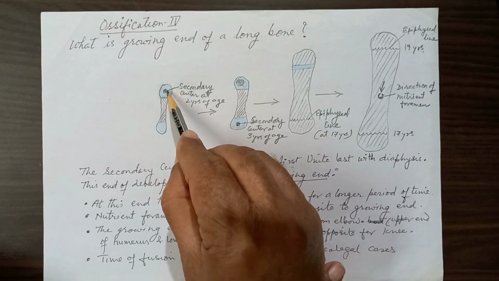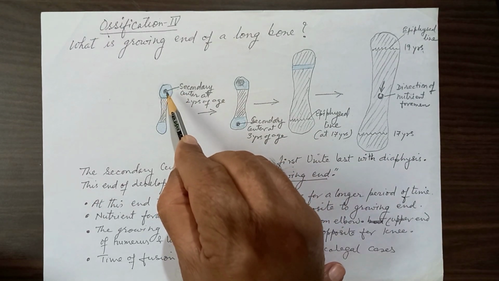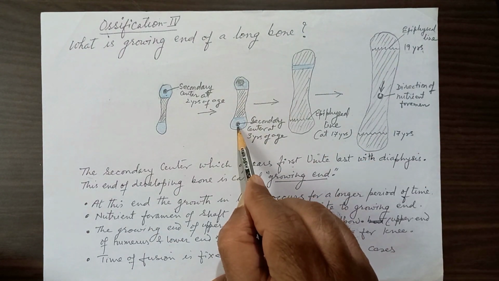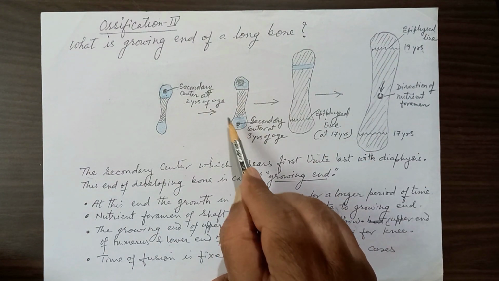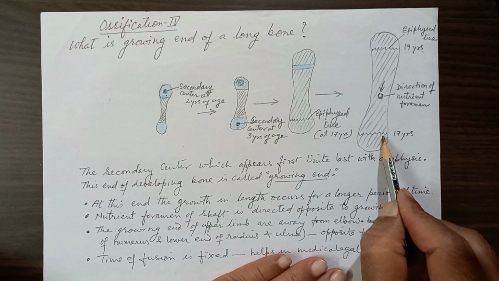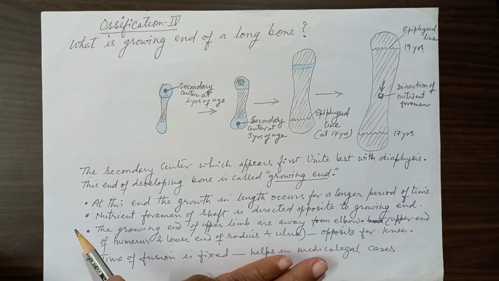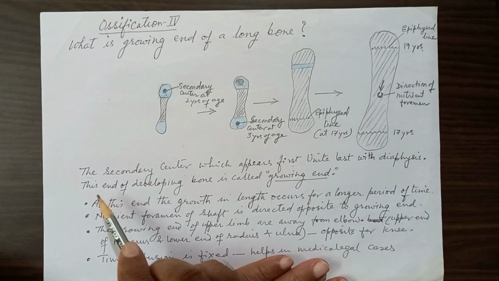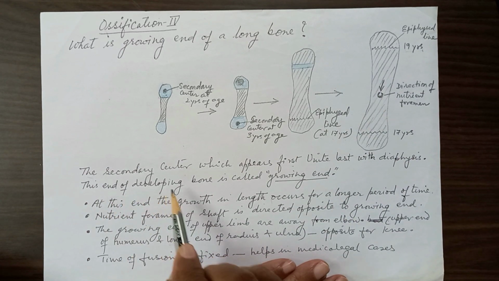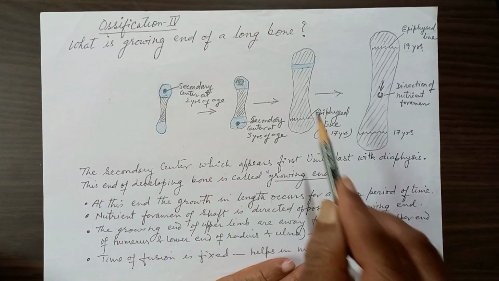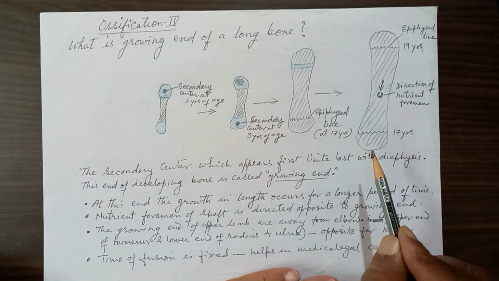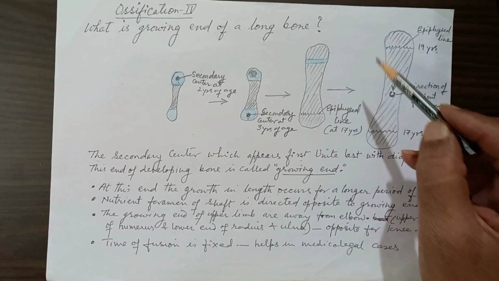So the secondary center which appears first unites last, and the secondary center which appears after the first one unites early. This is the rule of the growing end. So the end of the developing bone is called this end. Thus in this example, the upper end is called the growing end of the bone.